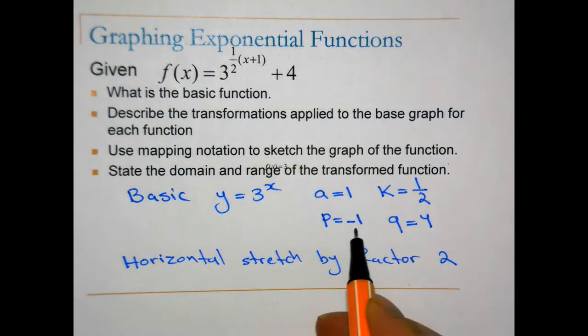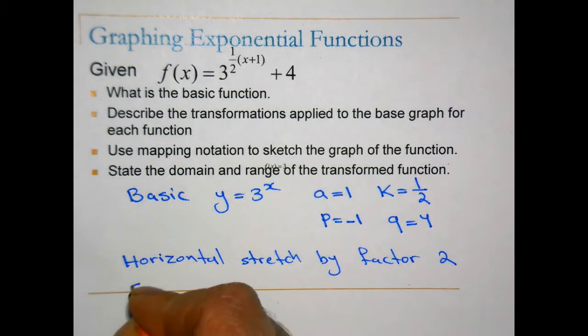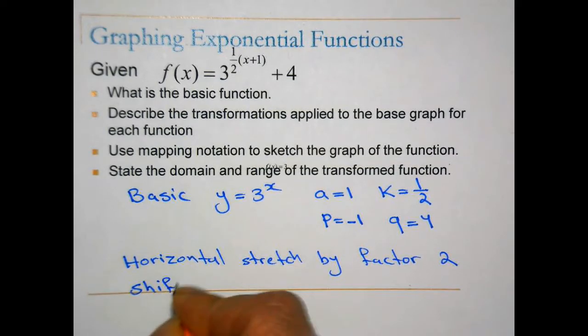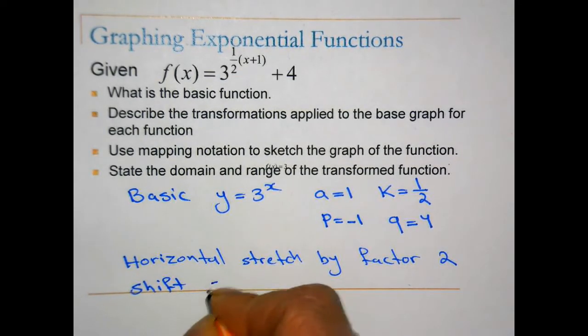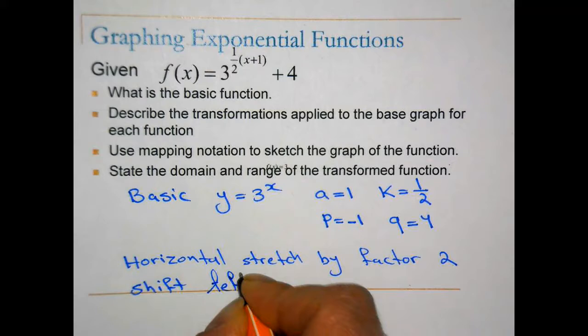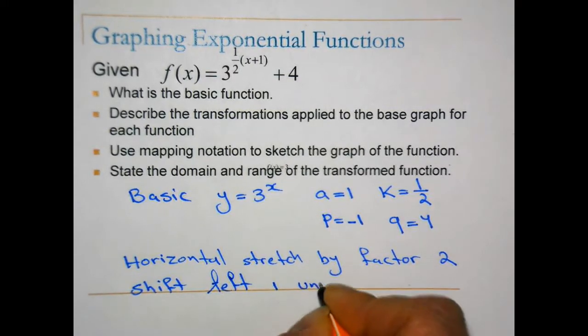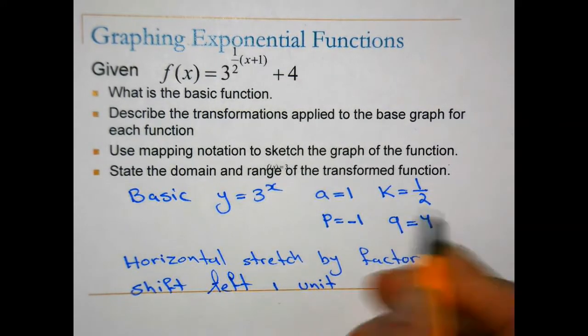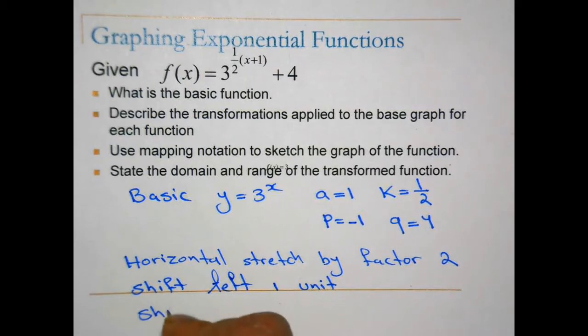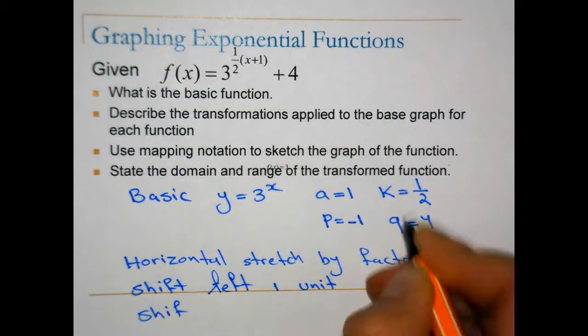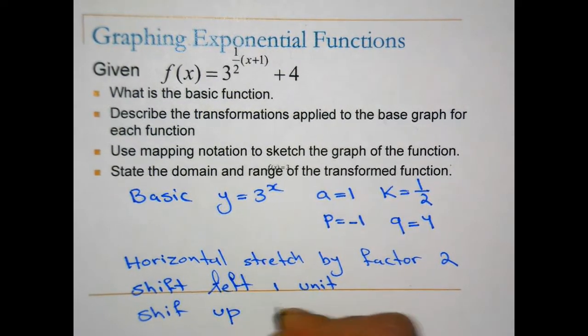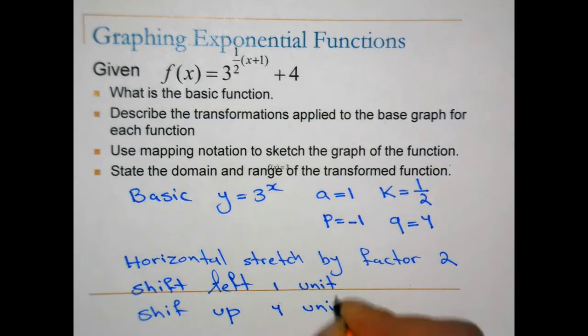Now our p is -1, so that means shift. Negative means left 1 unit, and then shift q is 4, up 4 units.